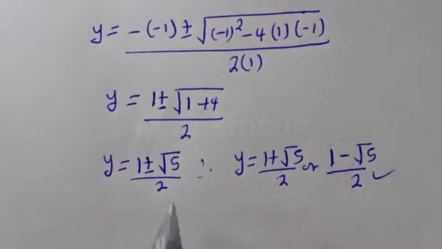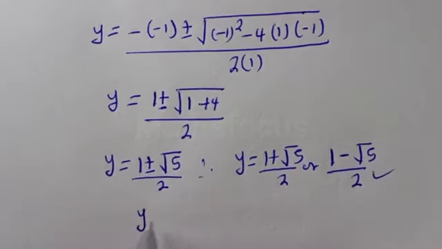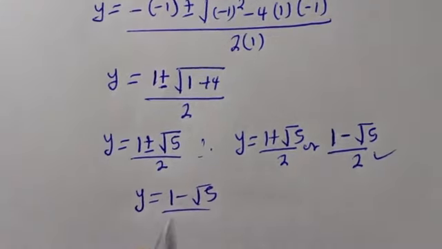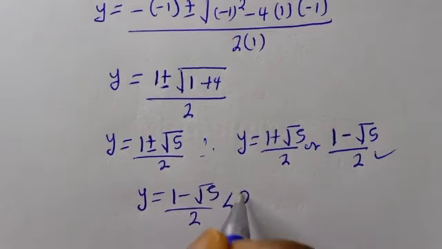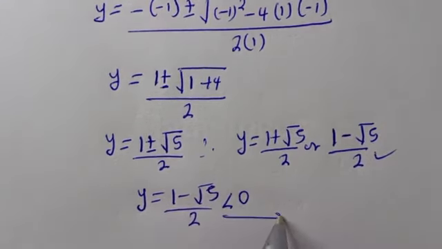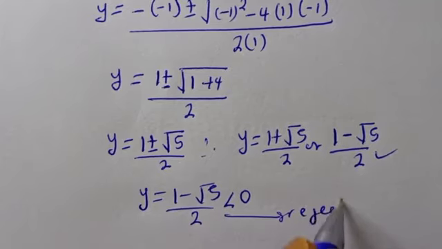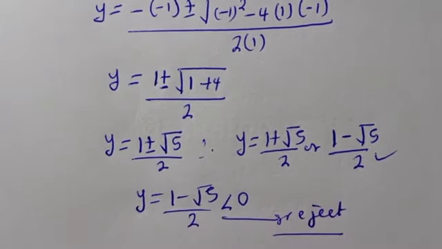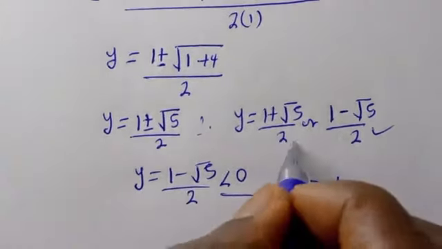But from this second case, y is equal to 1 minus root 5 over 2. This is less than 0. So this is rejected. The only real solution we have will be this.